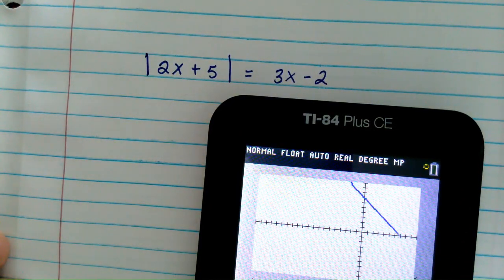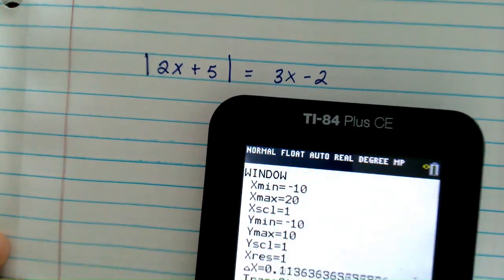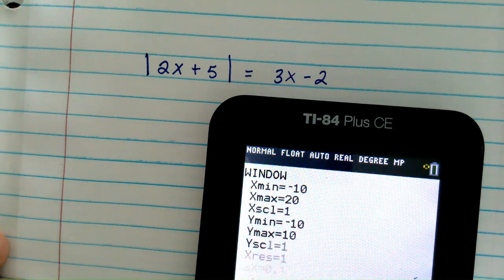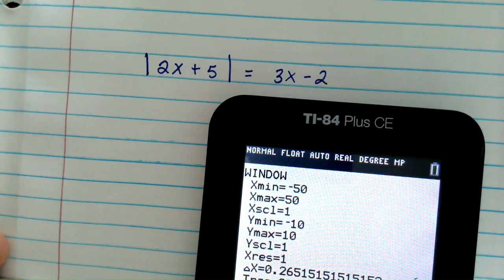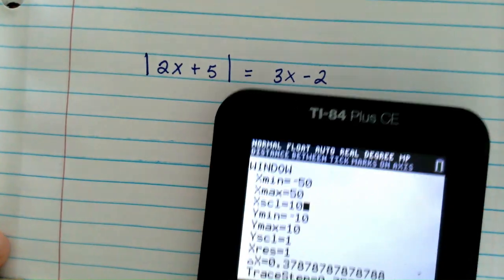And I'll graph it. Ooh, now I got to change my window the other way, it looks like. We'll go from negative 10 to 20. Well, absolute values are supposed to make V's, so let's go negative 50 to 50. And I'm going to number by tens because I don't want to see all those little bitty tick marks.